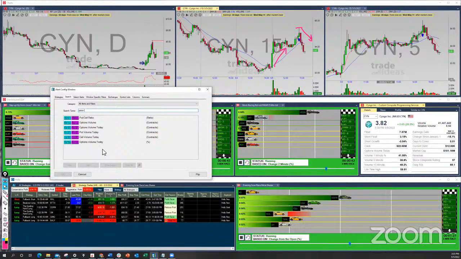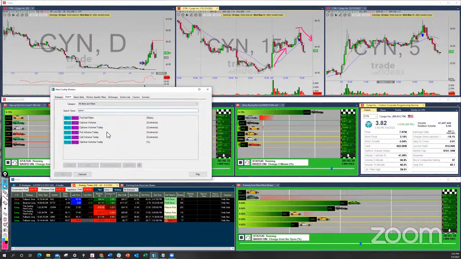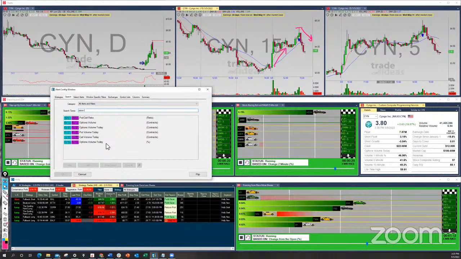That's just the overall options volume as a percent of 10-day average. You could build a scan with any or all of these metrics, and then go into your broker and look at what contracts you'd try to get filled and strike prices and things like that.